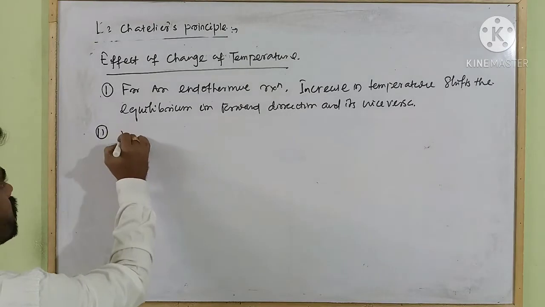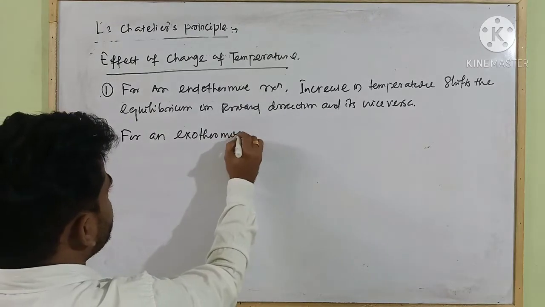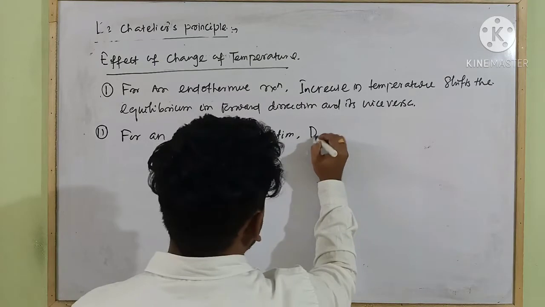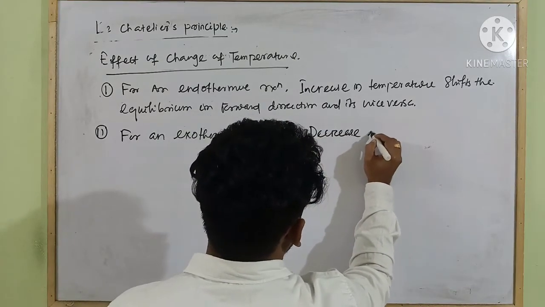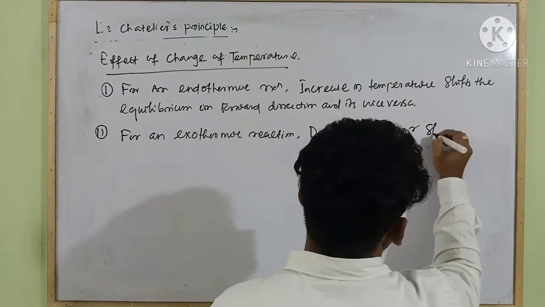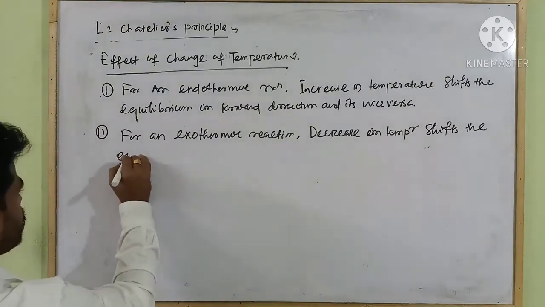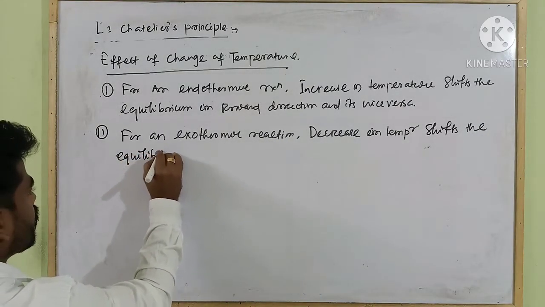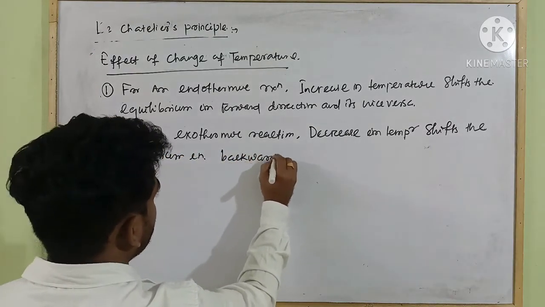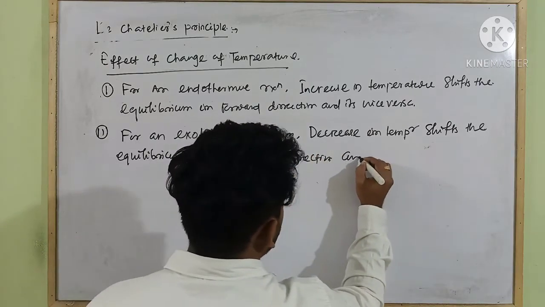The second one, for an exothermic reaction, decrease in temperature shifts the equilibrium in the backward direction, and it's vice versa.